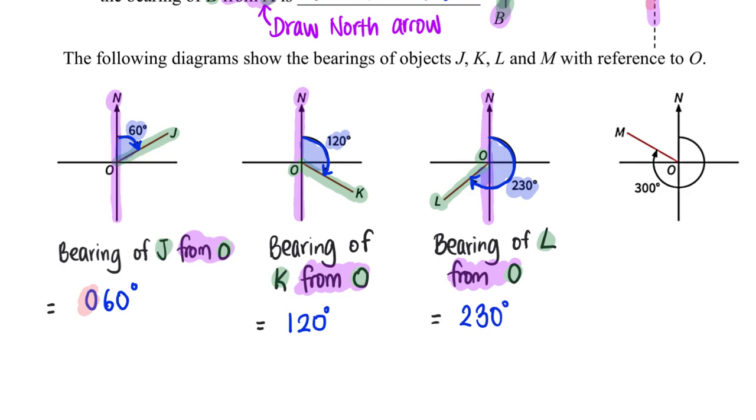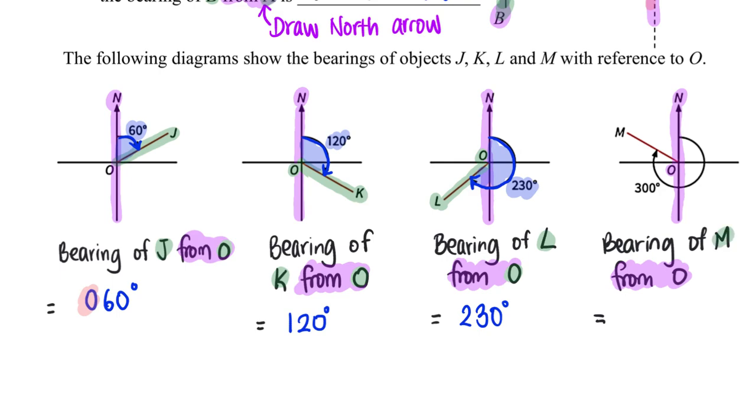And last example, bearing of M from O. By now you would have seen that I'm just repeating for the 4th time. Step 1, you must know where to draw the north arrow.